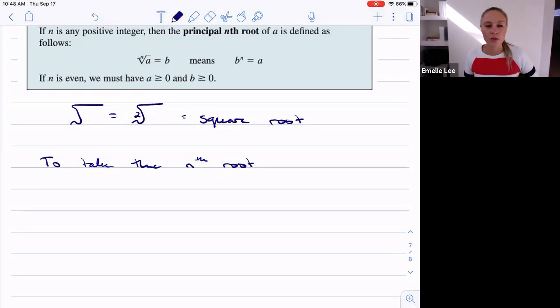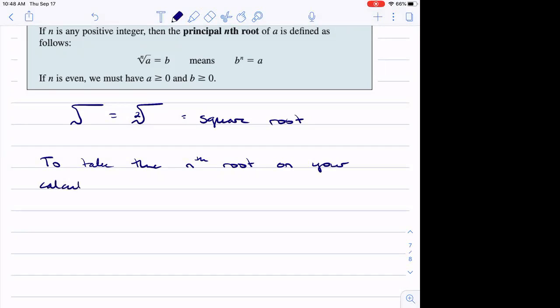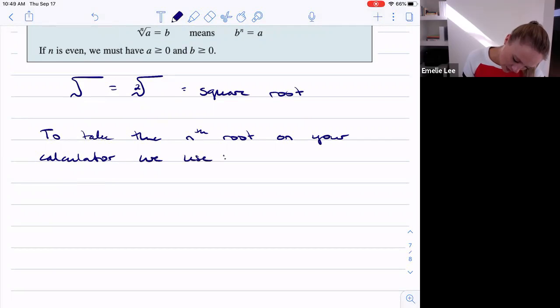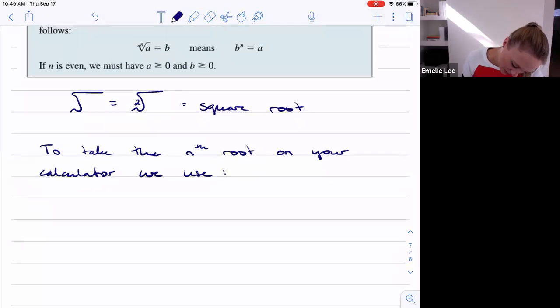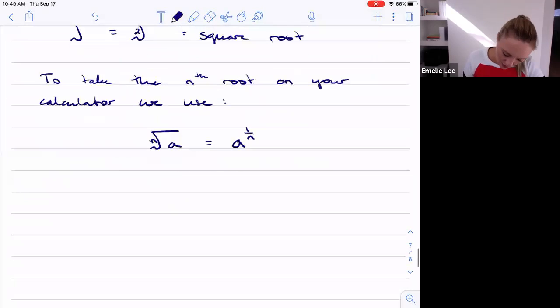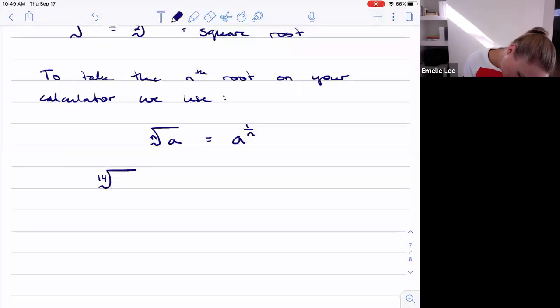So to take the nth root on your calculator, we use the fact, and it'll come up later, that the nth root of a is going to be the same as a to the power of 1 over n. Okay? And so if we have to take the 14th root of 3, how we're going to solve this is you're going to take 3 to the 1 over 14.